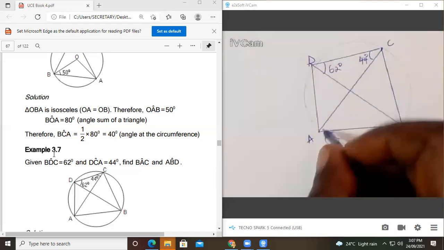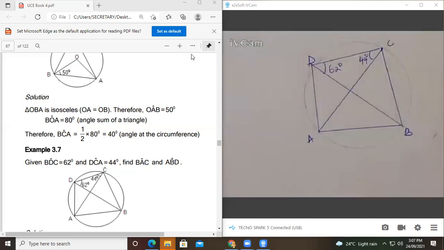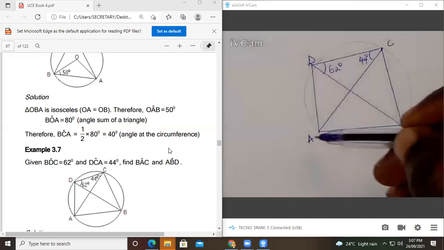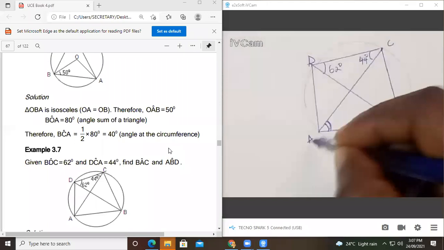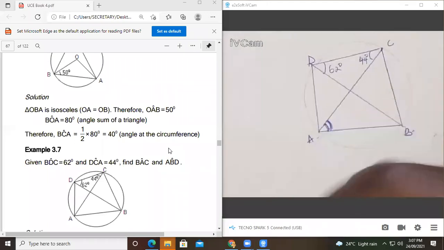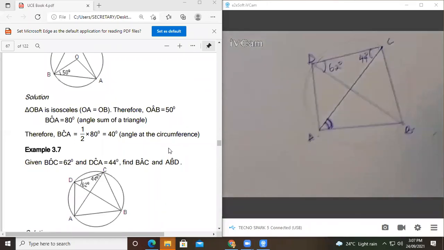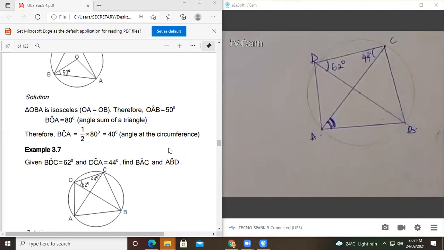They're asking angle BAC. So they wanted this angle between BA and AC. It is this one here. So what's that angle, members? Who can give me the answer?